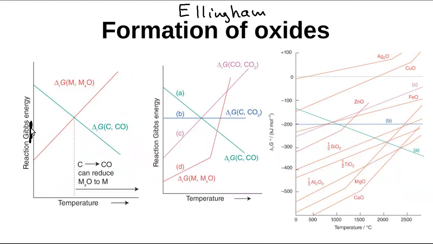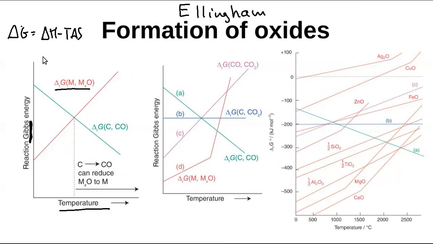If you plot the Gibbs energy as a function of temperature, where delta G is delta H minus T delta S, then you should get some kind of diagram. And the red line here indicates the formation of a metal oxide from a metal.